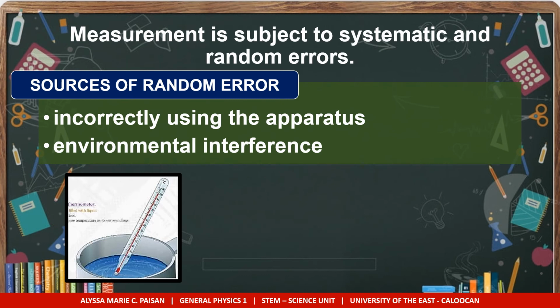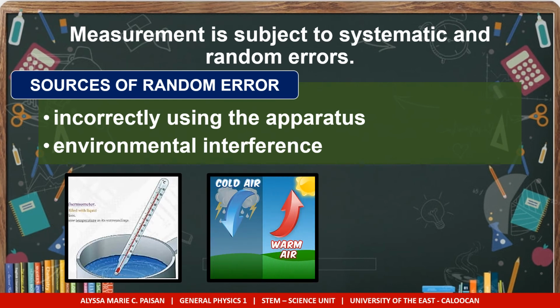Next, environmental or surroundings. Those are the other source of random error. Example, you did not expect the temperature change. In the morning you get different results, and in the afternoon you get different results, and usually that's because the temperature is actually changing.